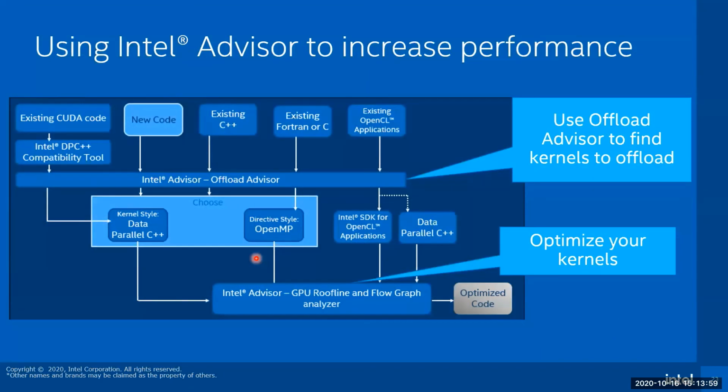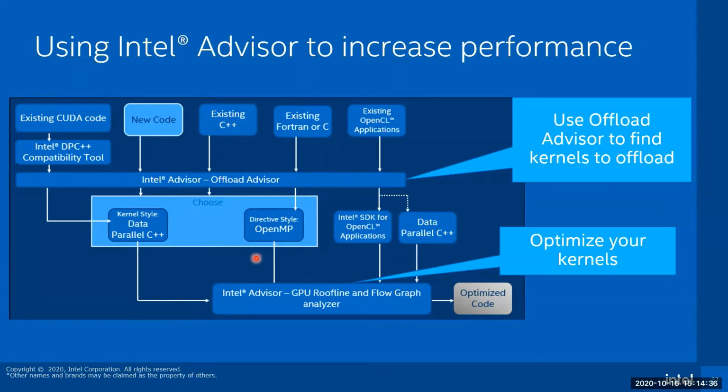So yeah, in the general workload, whichever code you have to analyze, it could be existing C++ or Fortran or C code, or an OpenCL application, or some code which is converted from a CUDA project, you can apply Advisor to create some models and to find out which places in the code are the best candidates for offloading to an accelerator. That's the main task for Offload Advisor.